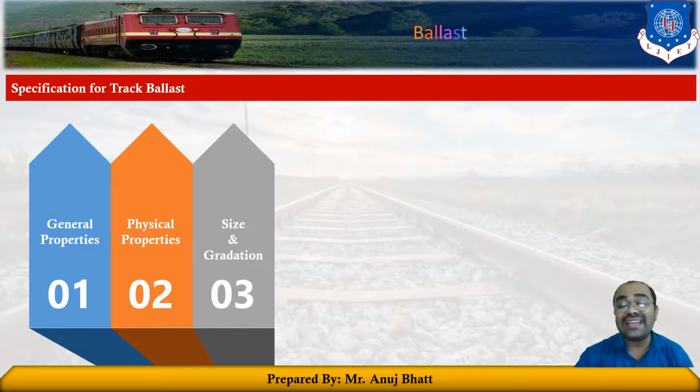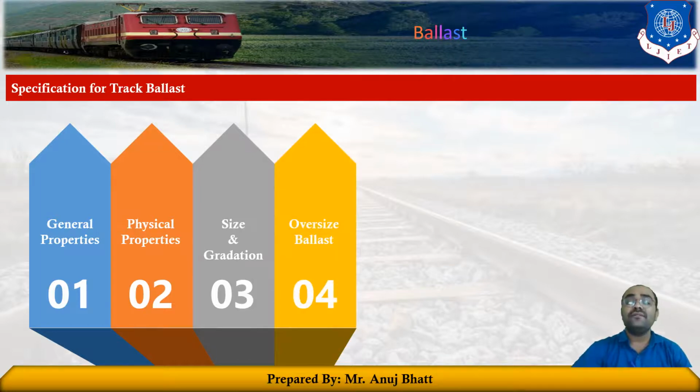Also, if the aggregates are machine crushed, then the 20 size of aggregate should be at least 98% of the total volume, and if it is hand broken stones, 95% of the aggregate should have the size of 20. So these are some of the gradations for the ballast.